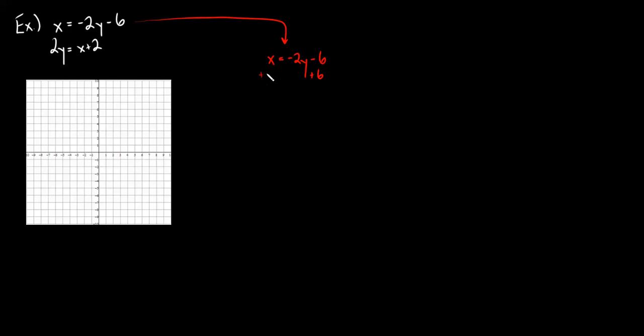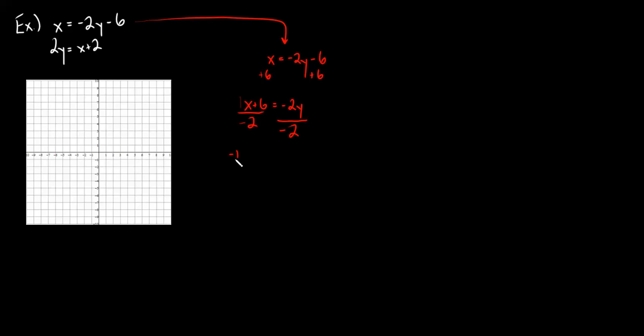So I'm going to add 6 to each side. So I'm going to have x plus 6 is equal to negative 2y. And now I have negative 2 multiplying y. I've got to get rid of that. We're solving for y. We're not solving for negative 2y. So I need to divide each side, the full side, by negative 2. So what this is going to become is, and you can think about this as 1x, we have 1x divided by negative 2.